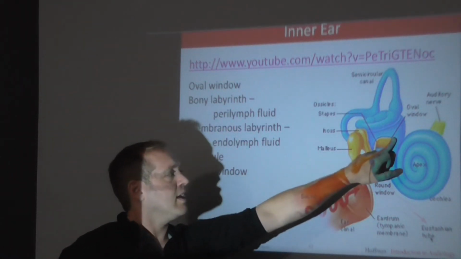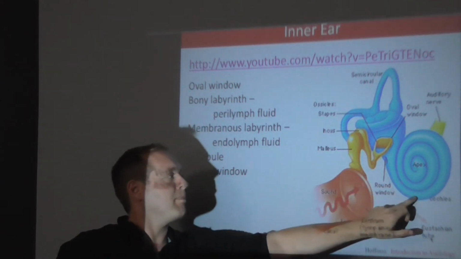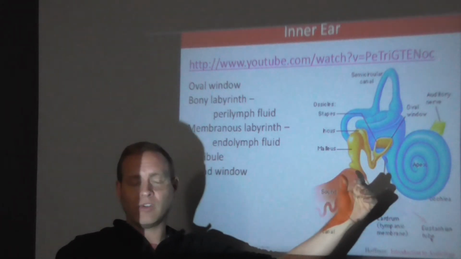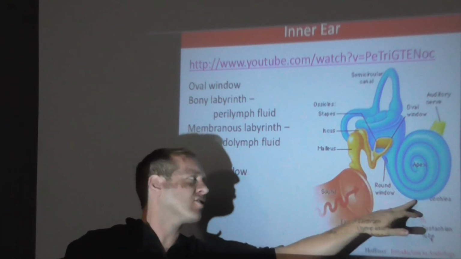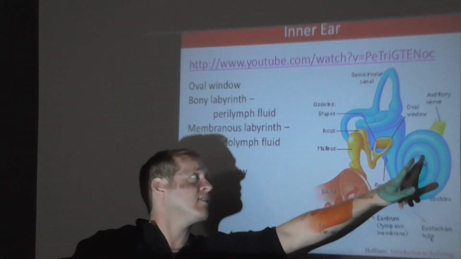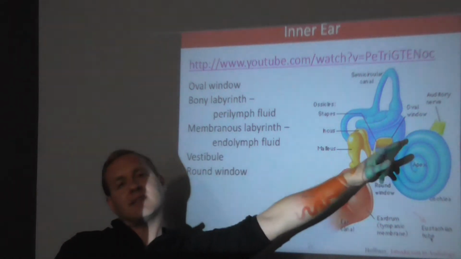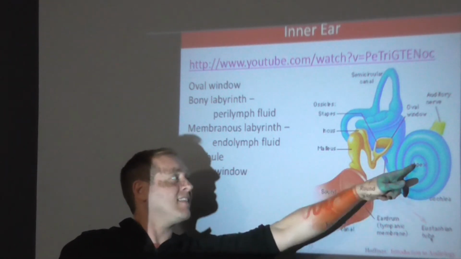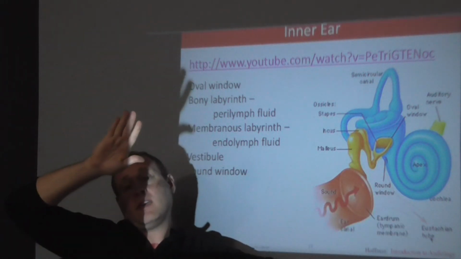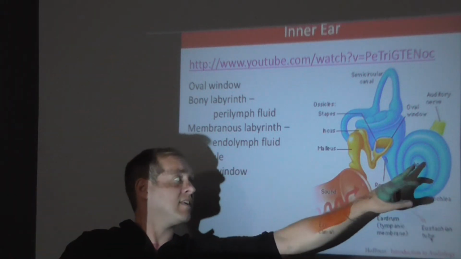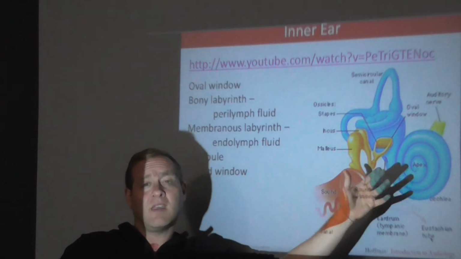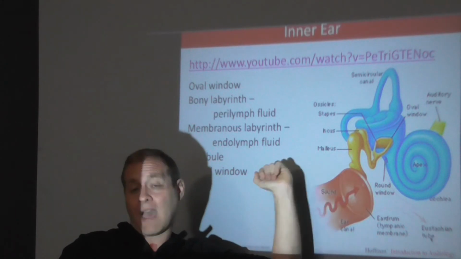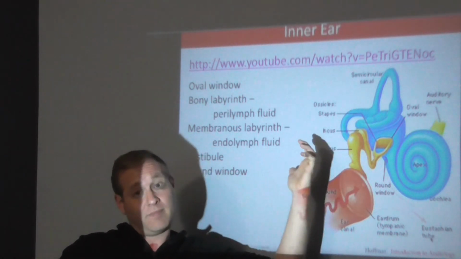So as the sound energy comes in and travels up the scala vestibuli, if it's a low sound, that low sound actually travels all the way up the scala vestibuli and does not vibrate the hair cells of the organ of Corti until it gets to the apex, or the top of the cochlea. The hair cells at the apex fire in relation to a low sound, a low frequency sound.